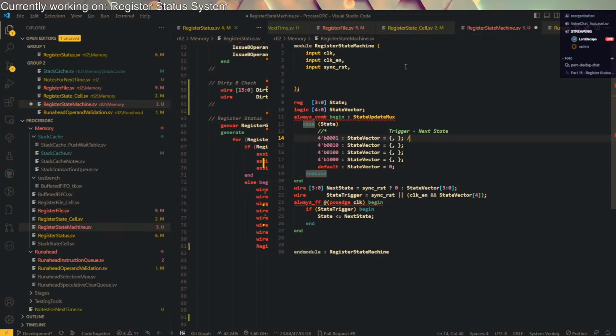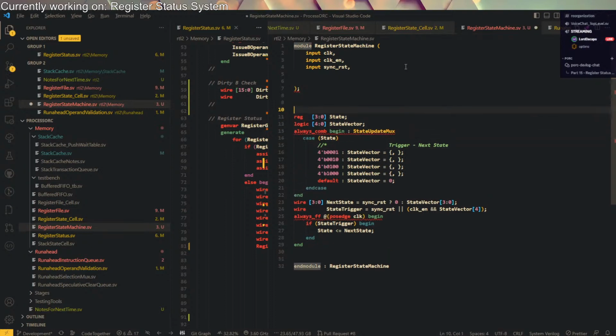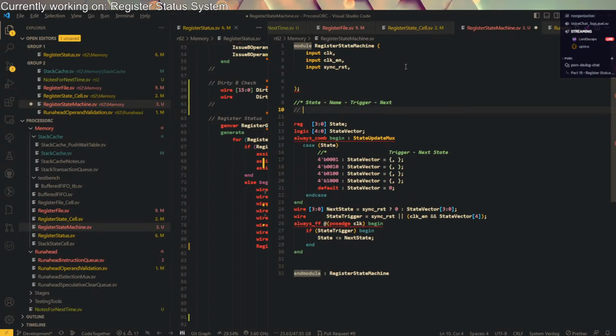Okay, so this is... I'll start my normal notes I have. State, name, net, trigger, next. Okay, so then we have the first state being clean, which is going to be 4, 1.